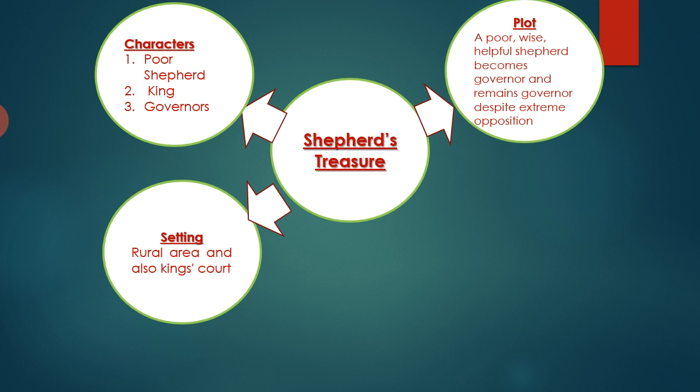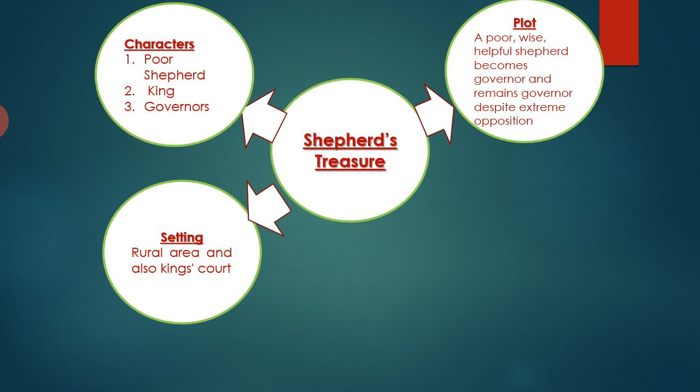He comes like a common person, like a very poor man. But the poor shepherd is a really wise person, so he recognizes the king. When he recognizes the king, the king is fascinated by his wisdom, and at that time he appoints that poor shepherd as governor of a small district.